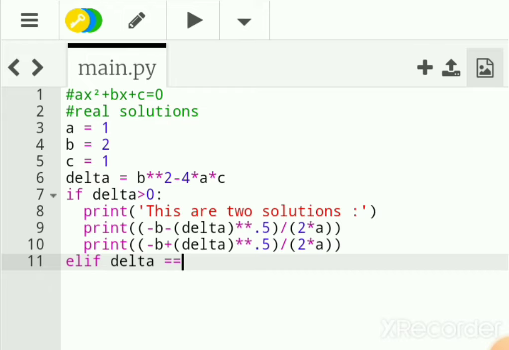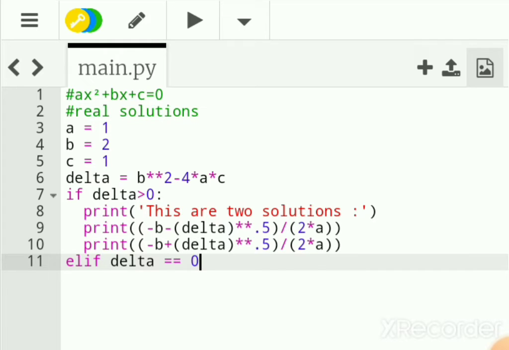For the comparison we write two, but for the assignment we write one, just like here in the third, fourth and fifth lines. Here we are assigning a value, but here we are giving a condition. We are comparing delta with 0.